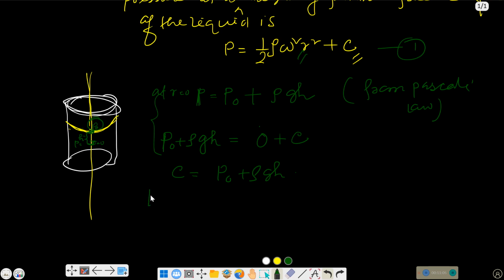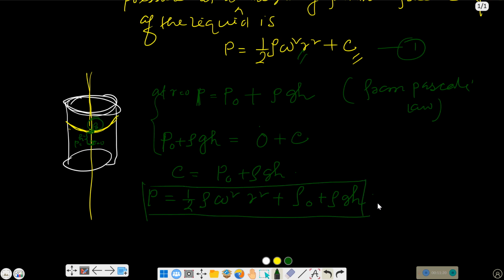Now put this value here: P is equal to half rho omega square r square plus P naught plus rho g h. So this is our final expression for the pressure at any point at a height y from the free surface of the liquid or the fluid, and here h is the height of the element from the center of the free surface.